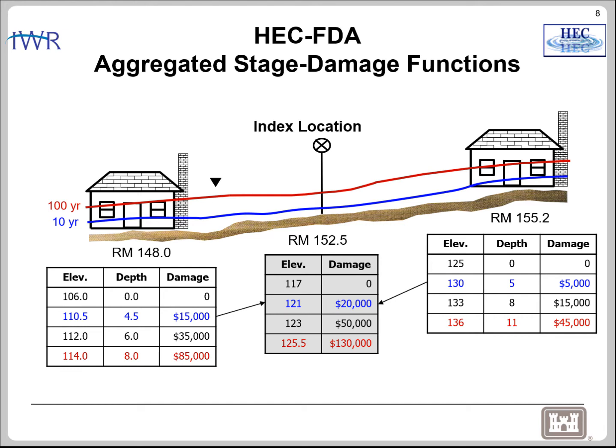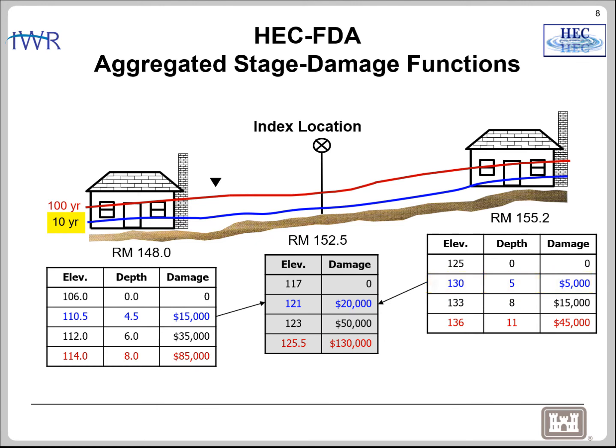I wanted to take a moment to remind you of how HEC-FDA aggregates stage damage functions at the index location. The example provided shows two structures. Both are damaged during the same flood, and we'll just look at the 10-year flood. For structure RM148, the 10-year flood damaged that structure at $15,000. And for structure RM155.2, there was $5,000 in damage.